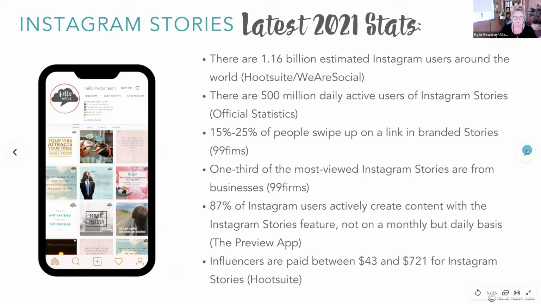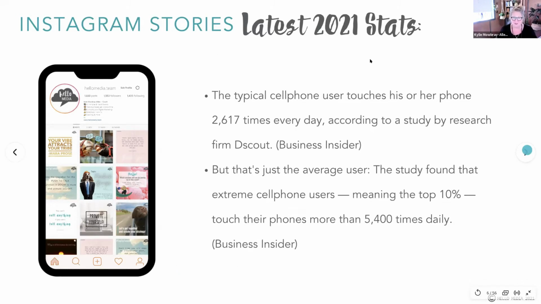The typical cell phone user touches his or her phone 2,617 times every single day. Does that seem a little bit high to you guys? If it does, I want you to spend even 1 hour thinking about or being conscious of how often you touch your phone.